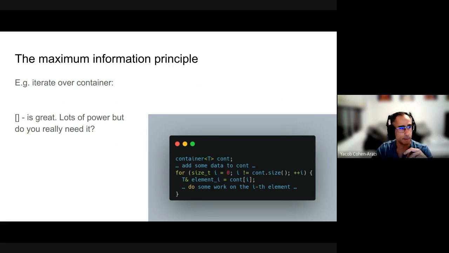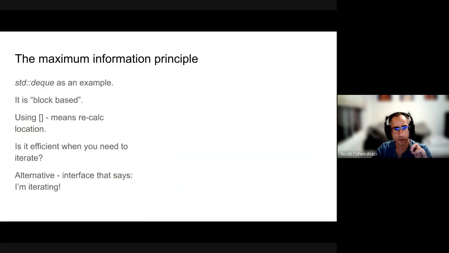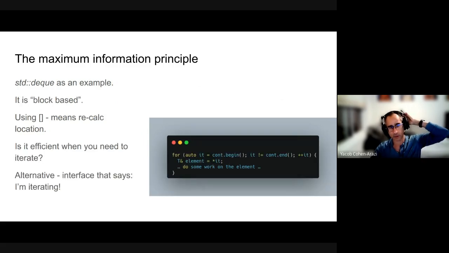So let's think about std::deque. If you understand what std::deque is, it's a double-ended queue. If you know what std::deque is all about, you probably know what I'm going to mention.